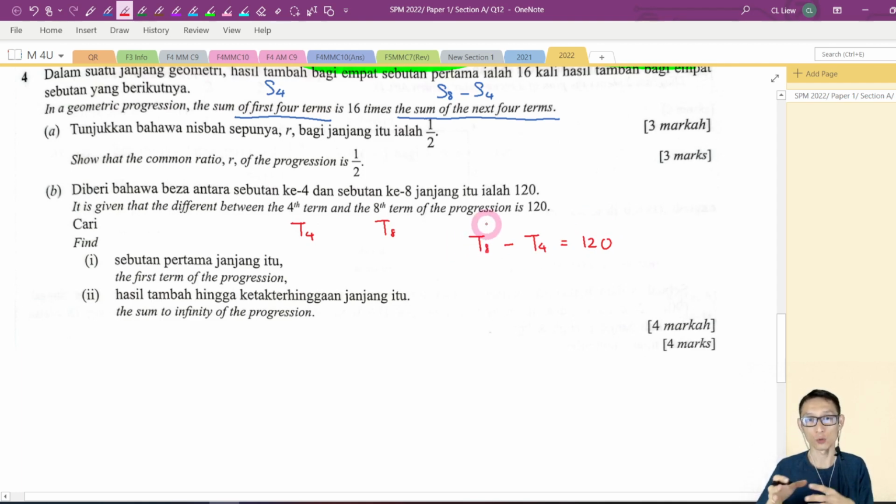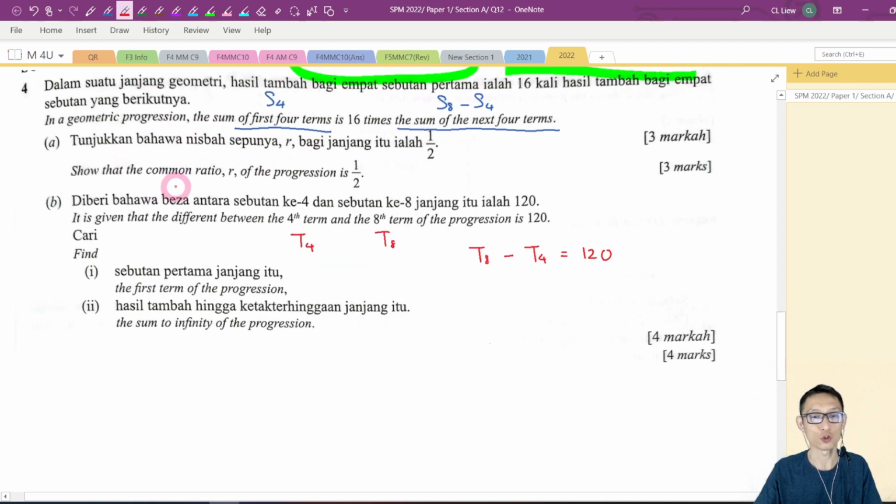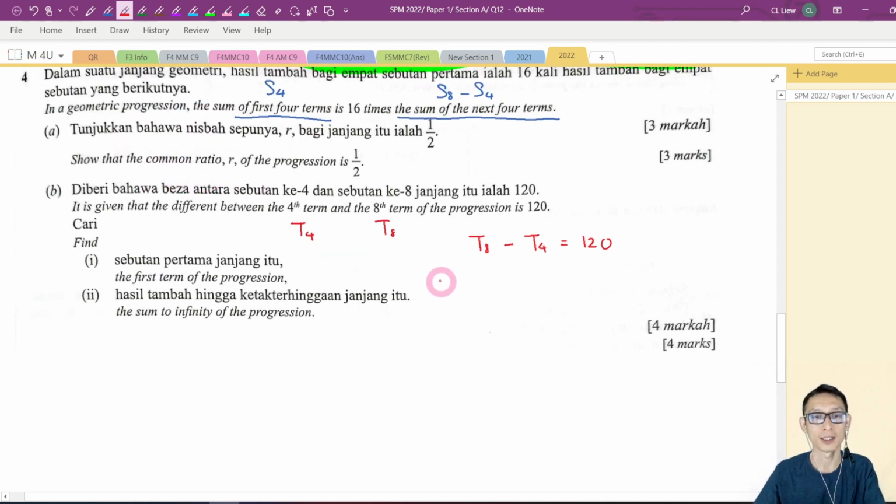Now, if we start this way, so how do we get T8? This is a GP, right? So we have to use a formula for GP. A times R power n minus 1, which is 8 minus 1. A times R ratio power of n minus 1. So remember this formula?